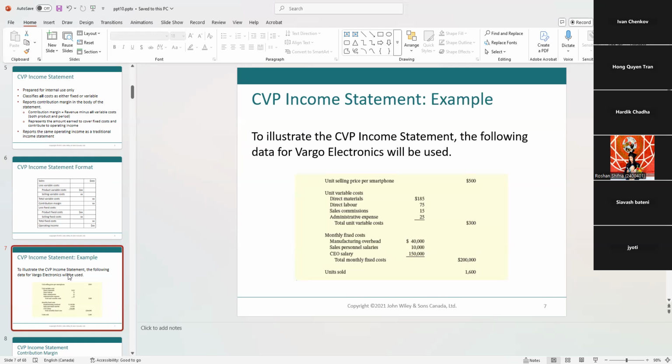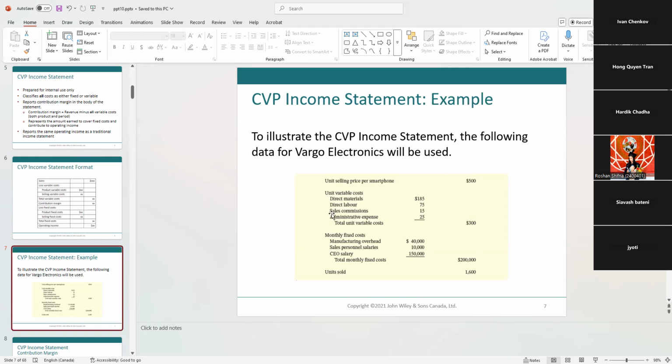Now let's illustrate the cost volume profit contribution margin income statement with the numbers. Again, sales, then variable cost, which will be the product costs, direct material and direct labor, starting with those two.